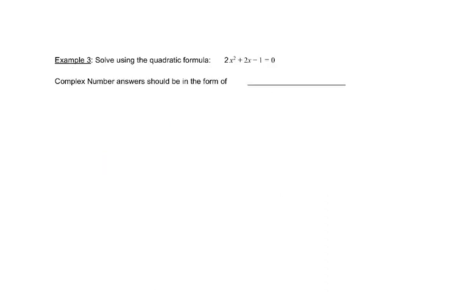So in this problem, we're going to use the quadratic formula again. It's already in the right format. We have the x squared first, and then the x, and then the number, and then 0. So it tells us that a is 2, b is 2, and c is negative 1. So we'll write down the formula.